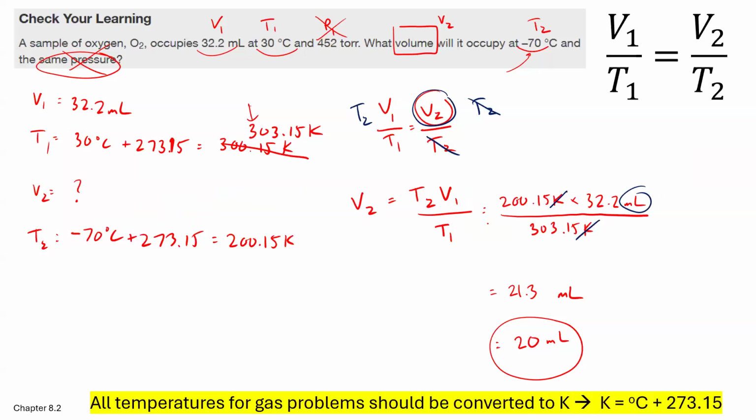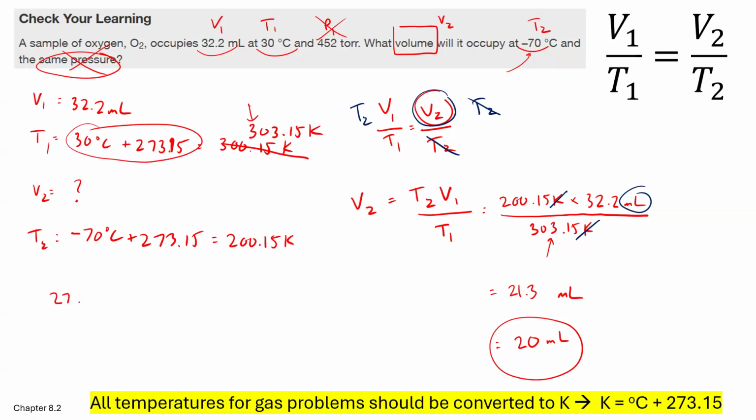All right, let me correct myself here for sig figs. I think I typed this number into the calculator wrong, so let's try that again. But let me do the sig figs for you first.